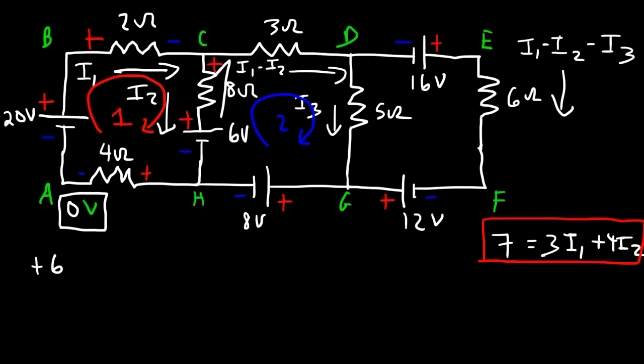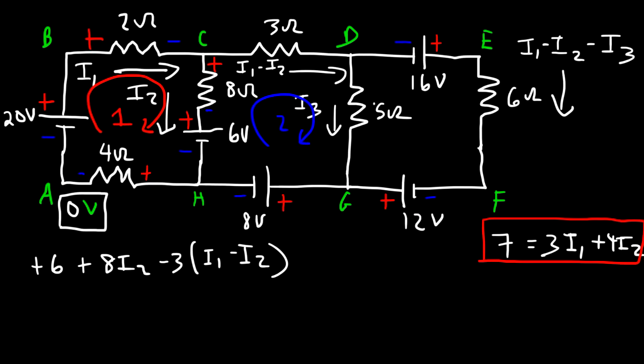And then as we flow through the 8 ohm resistor, that's going to be a voltage lift going from negative to positive against I2. So that's going to be plus 8I2. And then we need to travel in the direction of I1 minus I2. So that's a voltage drop, and so that's going to be minus 3 times (I1 minus I2).